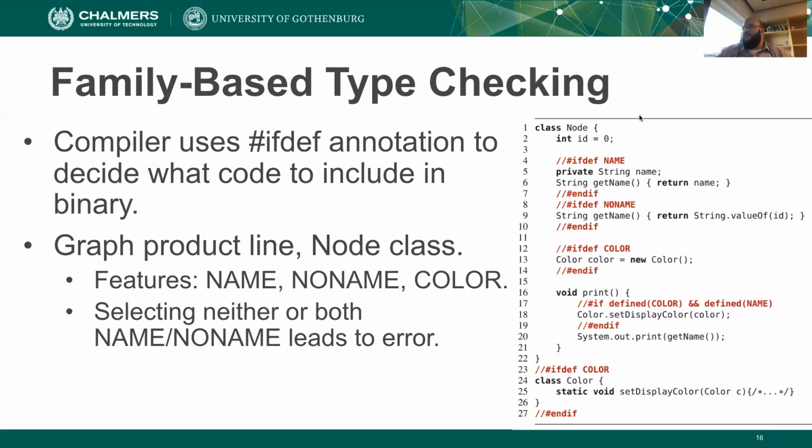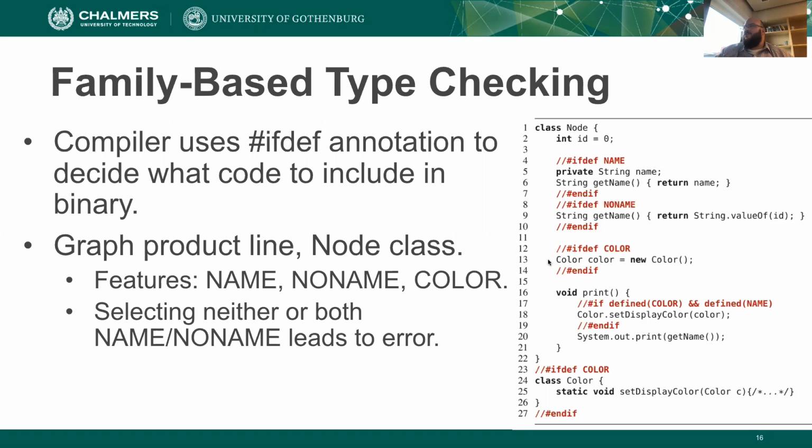So we have some code here for this class. The compiler is going to read through these, and this is more of a Java EE format. This isn't the strict C and C++, but it's just an example. It's going to go through and check these. If we've included the name feature, for instance, lines 5 and 6 will be included. If we included no name as a feature, line 9 will be included.